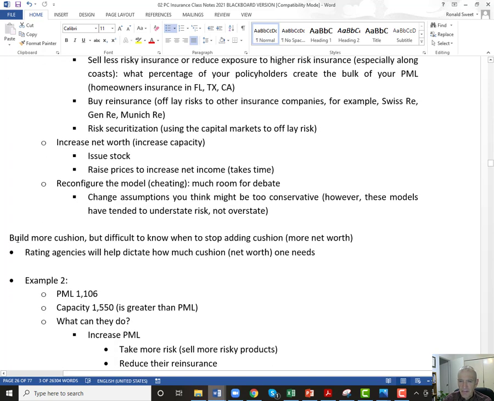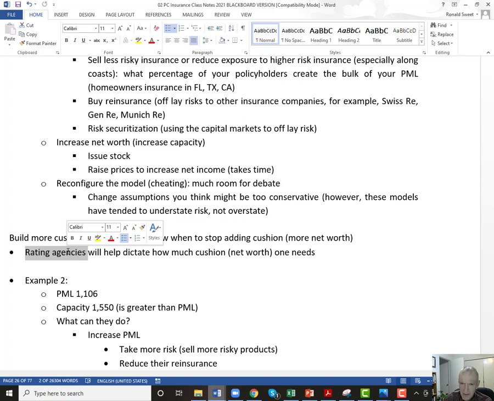Now, if you build more cushion, when do you know you've built enough cushion? And this is the debate we have with rating agencies. Rating agencies will tend to tell you how much cushion you need for a particular credit rating. If you want to be a single A-rated company, they're going to tell you, oh, you need $700 million in net worth, or 800.